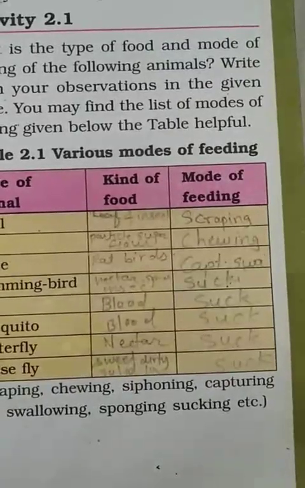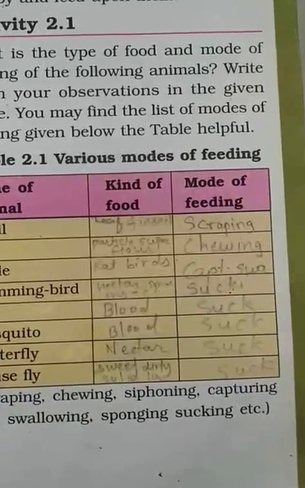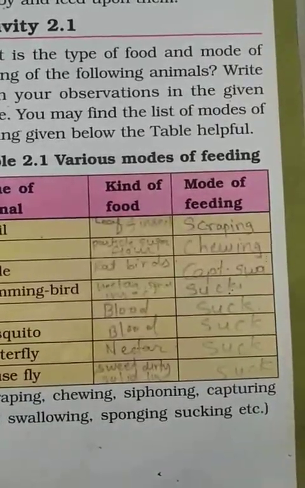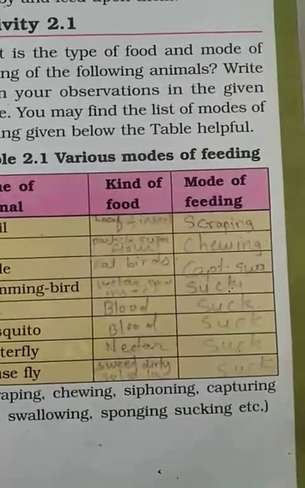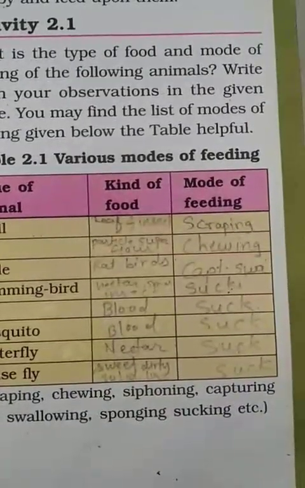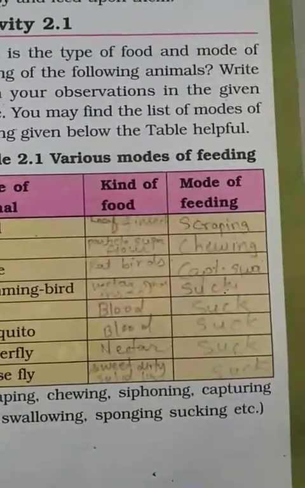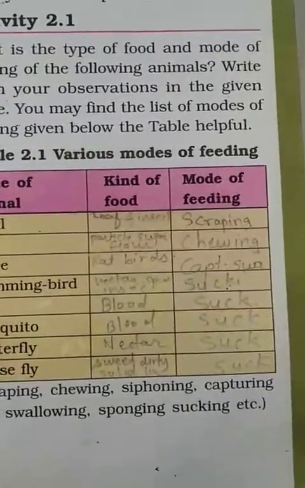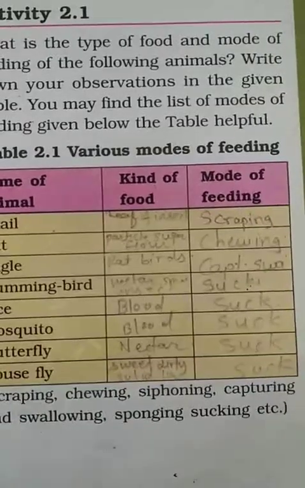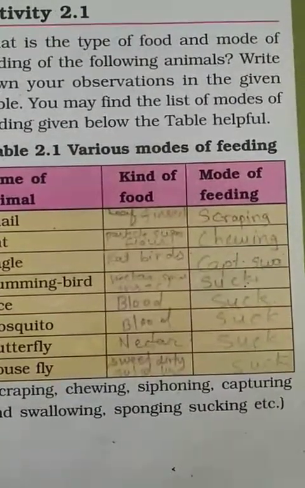Next is ant. We have seen that ants come on sweet things or grains. So what is the food of the ant? The particles of sugar, flour or grains. And how do they take food? By chewing. Eagle feeds upon rats and birds. They are their prey.